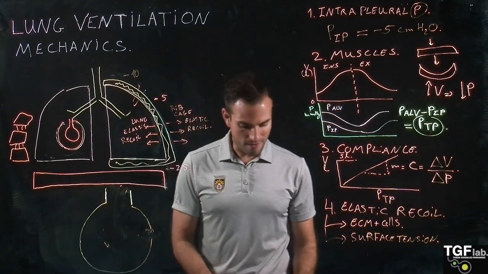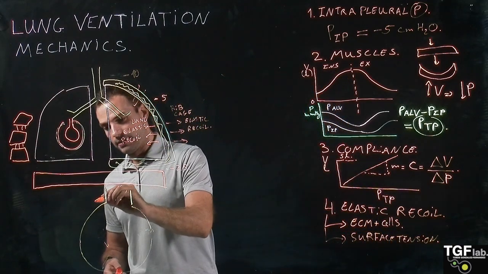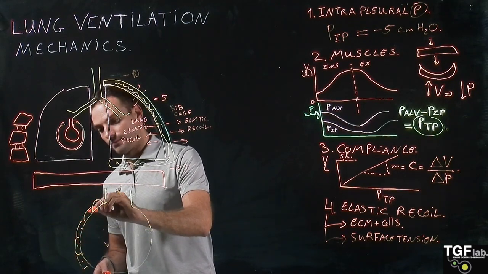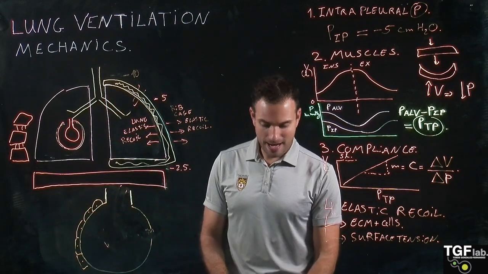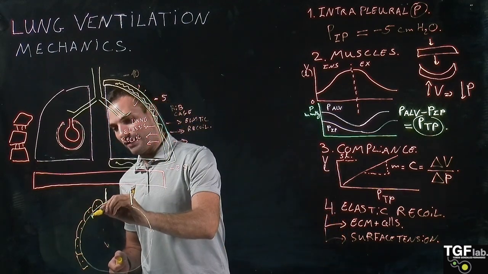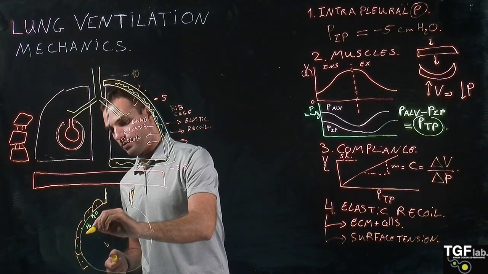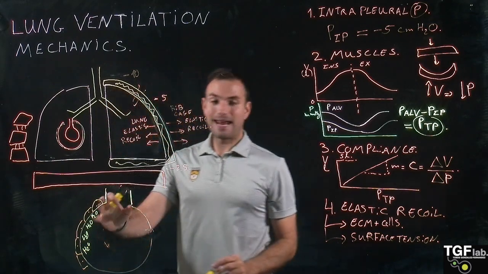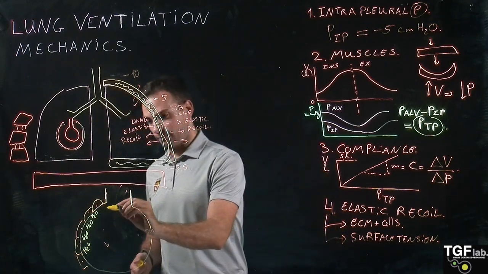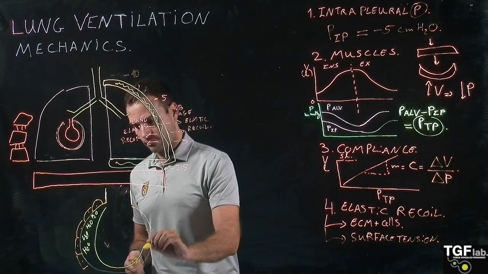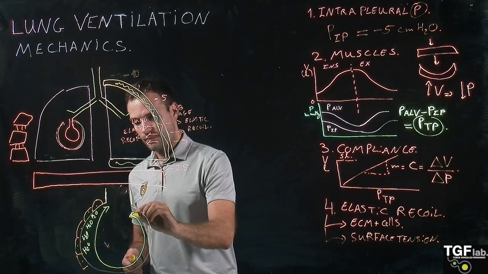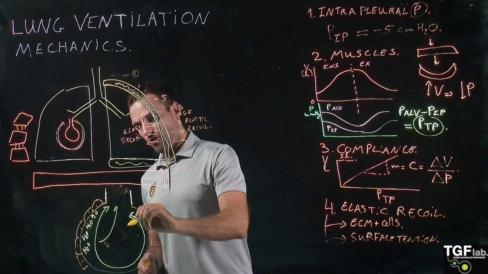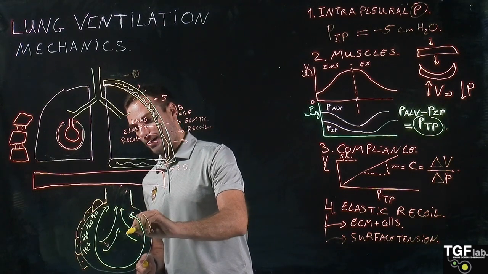Okay, so here we have our alveolus. So we have the alveolar cells around it. So inside the alveoli, we are going to have this really thin layer of water surrounded over alveolar cells. And this layer of water is going to generate a surface tension. So the surface tension is going to create a pressure for the alveoli to deflate and close down.